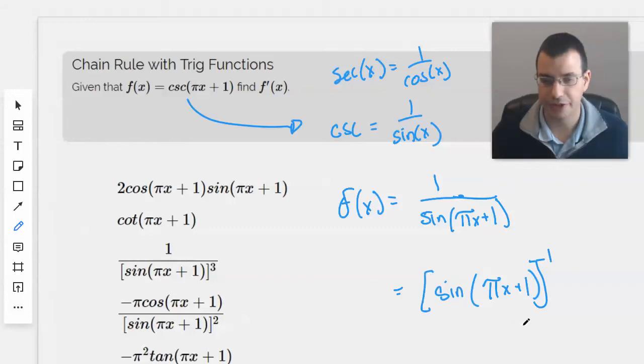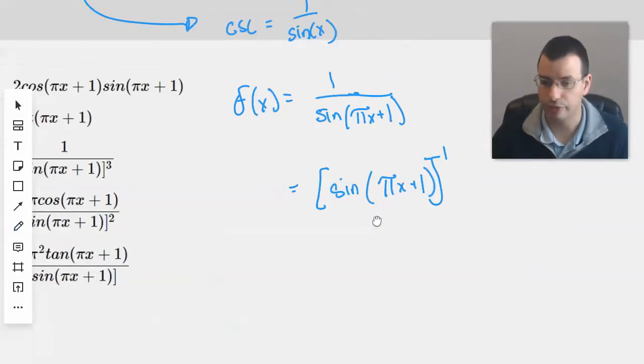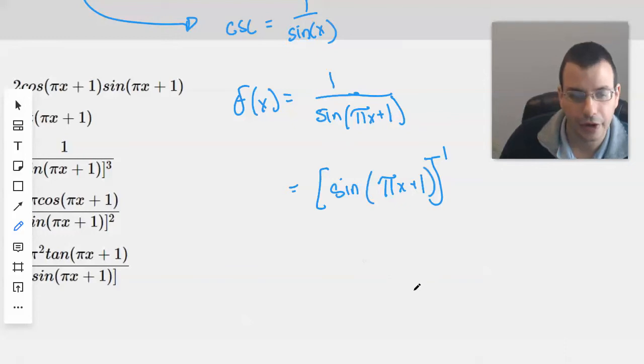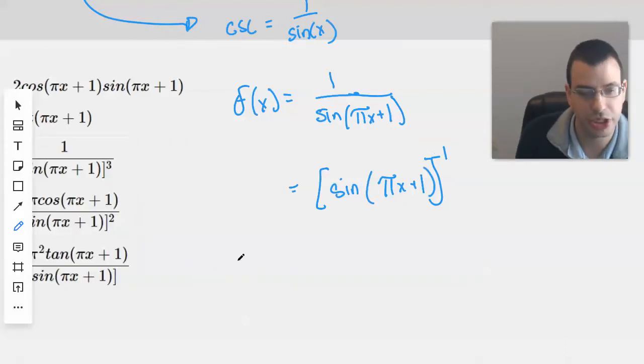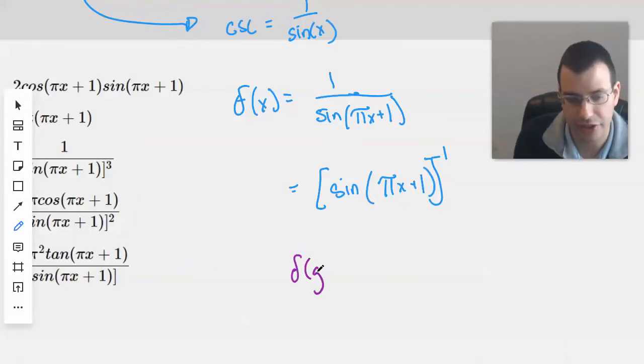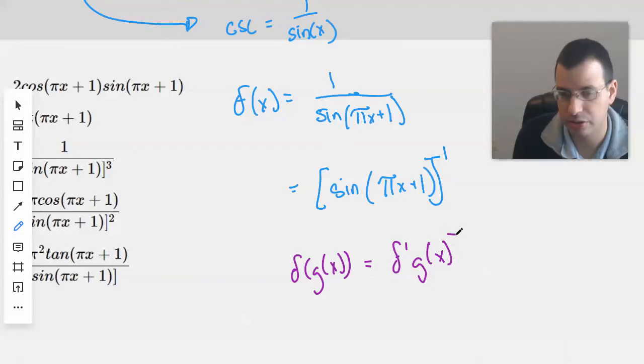All right, so now we're going to do the power rule, and the chain rule. So the derivative of f of g of x equals f prime of g of x times g prime of x.